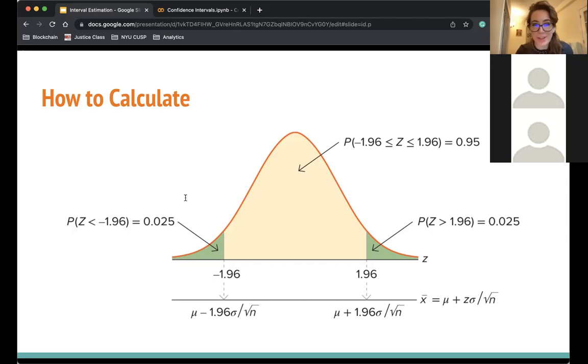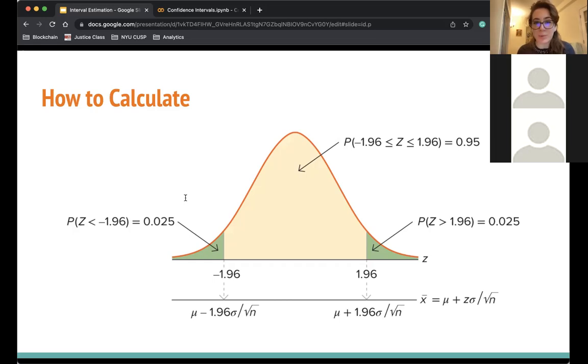And this is where I'm going to clarify the interpretation that was mentioned. The above 95% confidence interval does not imply that the probability that the mean mu falls in the confidence interval is 0.95. It's not saying there's a 95% chance that it falls within this interval.